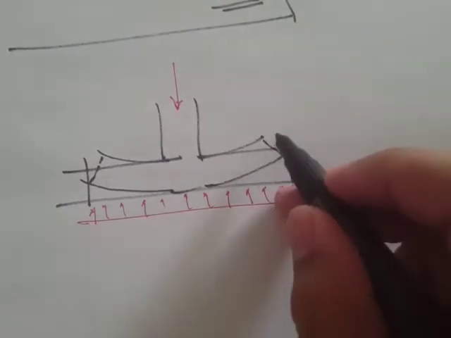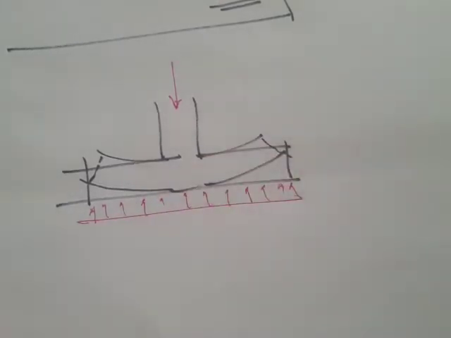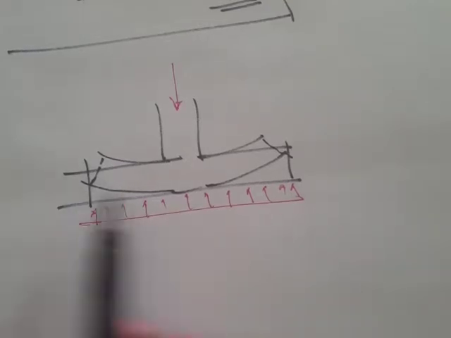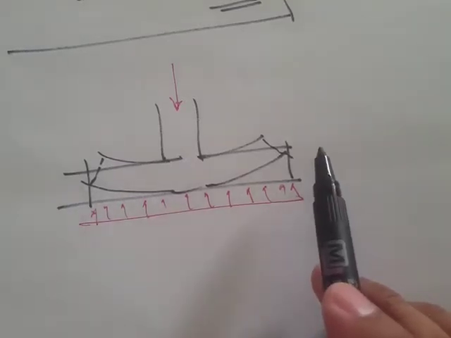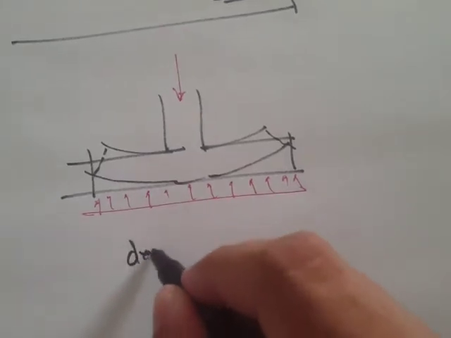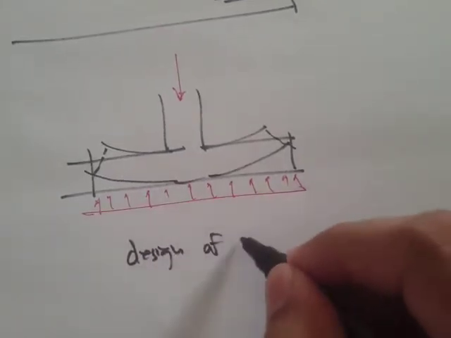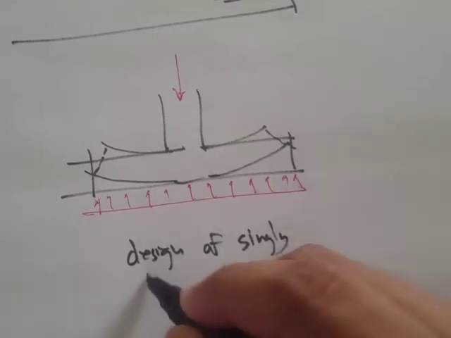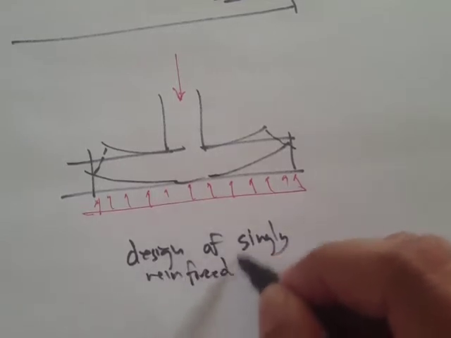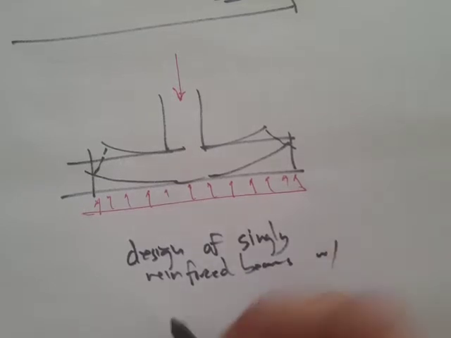So we have a bending here. If there's going to be bending, then we know that in flexure there are tensile stresses and compressive stresses, so we have to reinforce the tension zone. This is the same as singly reinforced beams with known cross sections.